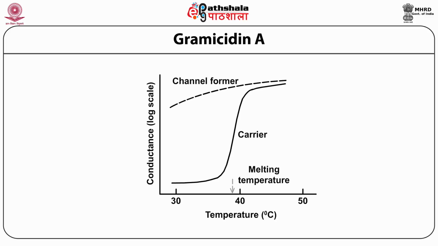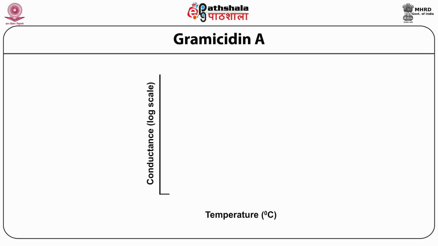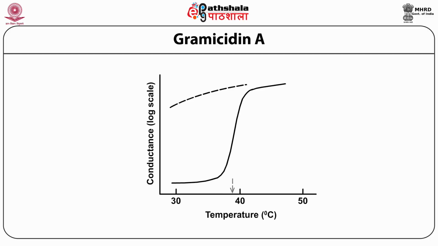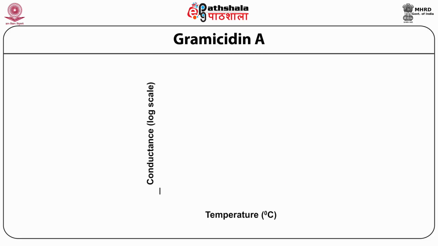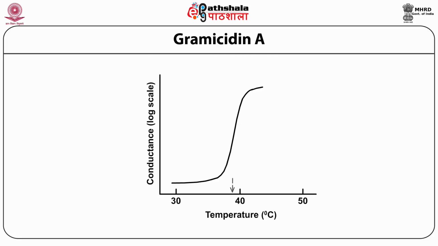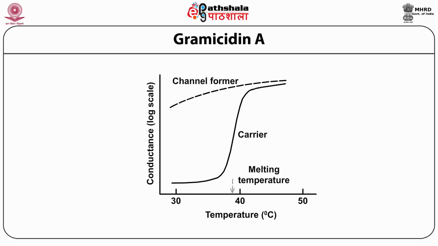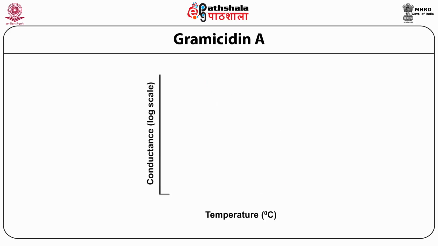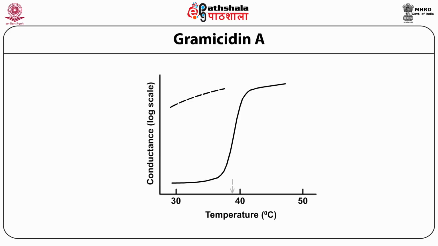The data shown here was obtained with valinomycin as a carrier and gramicidin as channel former. Conductance measurements have shown that a channel is open for about 1 second. The opening and closure are spontaneous processes. The channel is selective towards monovalent cations and does not allow either divalent cations or even monovalent anions.